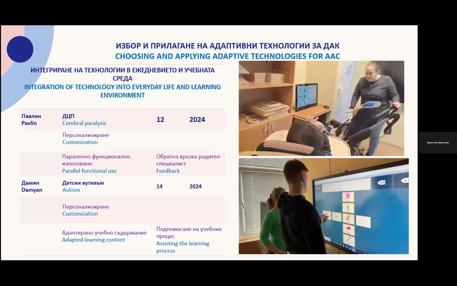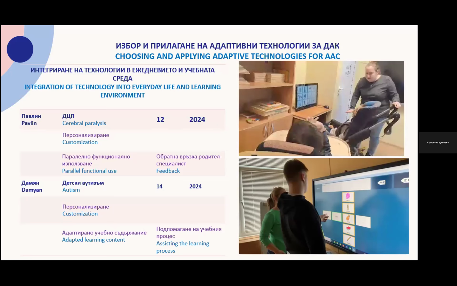What we have achieved so far with Pavlin, we have seen progress in his communication skills, cognitive capacity, and inclusion activities. So he has progressed from a level of early cognitive development and pre-symbol communication to the level of communication through communication symbols, participating in the school.